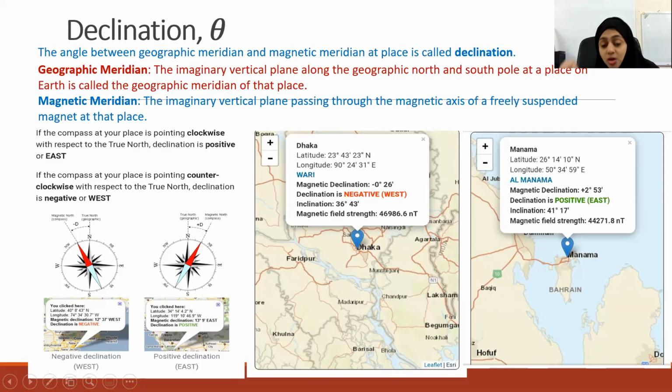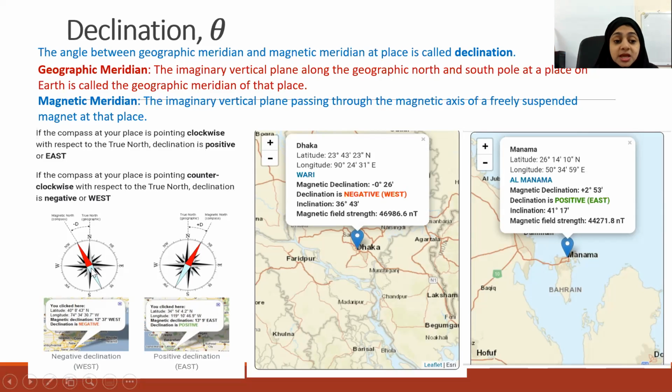Here in this region, the magnetic declination is 13 degrees 9 minutes east, which means it is pointed clockwise from the true North Pole or geographic North Pole. We call it towards east and we find it as positive.